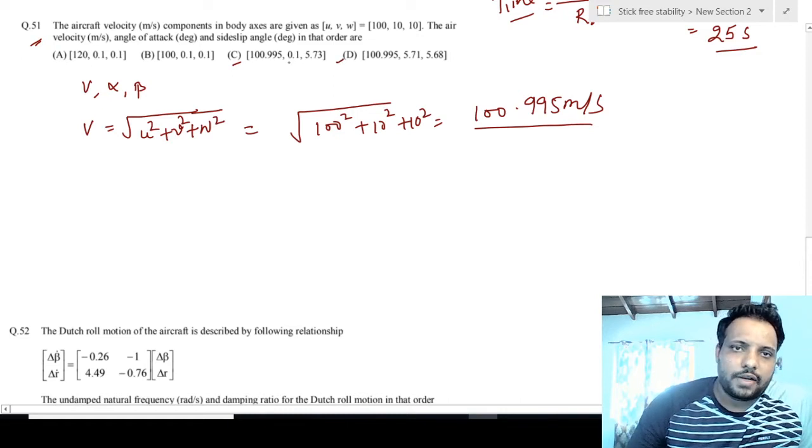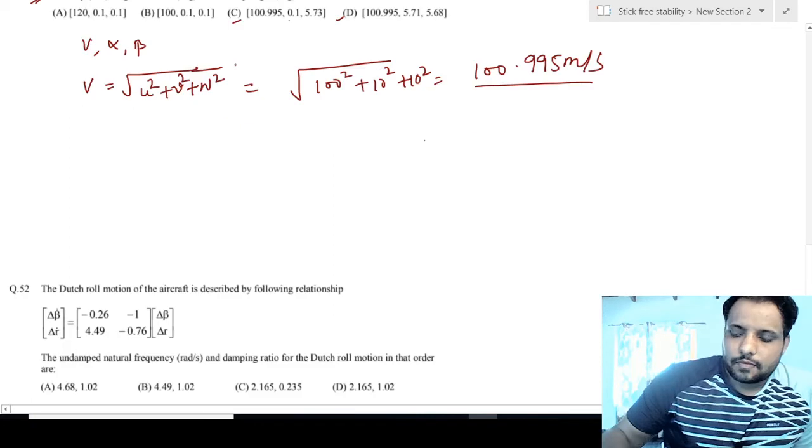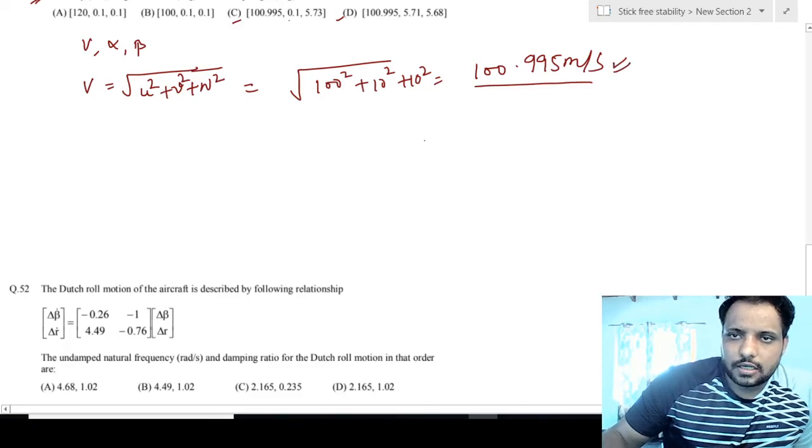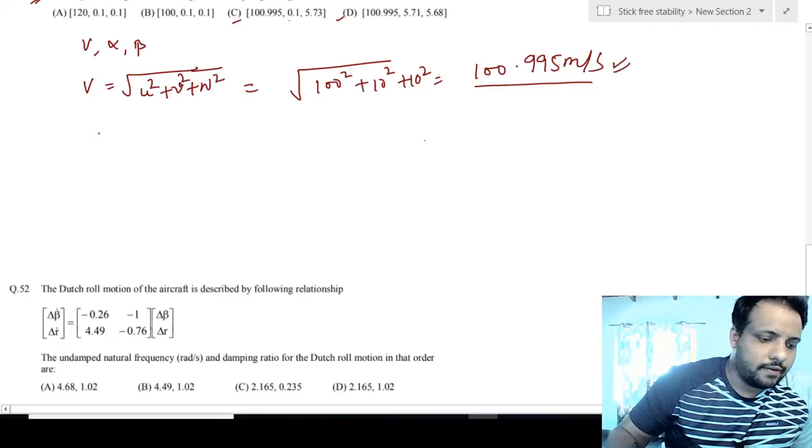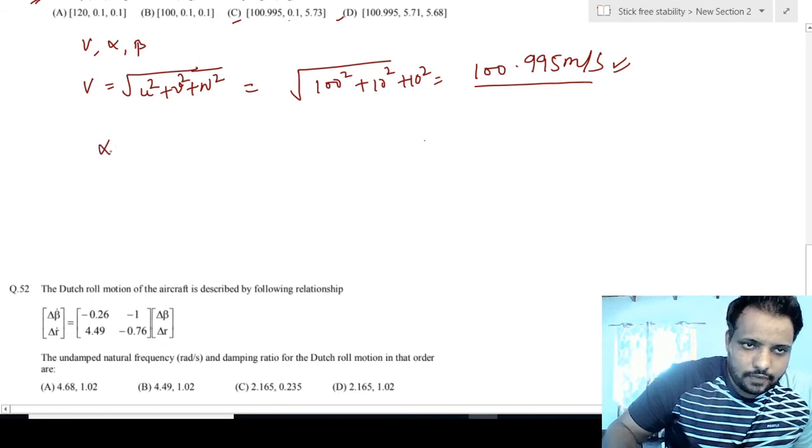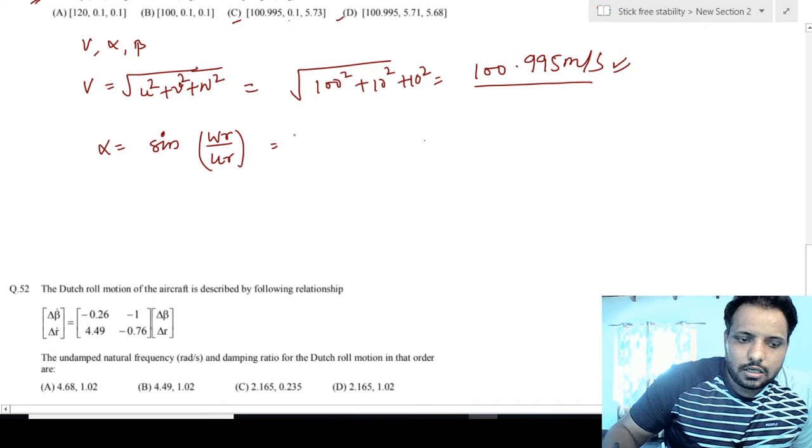Now we have to find out alpha and beta. So this is the resultant velocity. Now we need to find out alpha first. So alpha is given by sine inverse of W upon U. What is W? W is 10, so sine inverse 10 by 100.